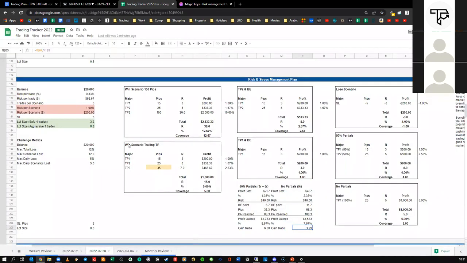So looking at the scenarios, I've not just made the profit that I would have made for 50% partials, but also if I'd cashed out at 5R, I've made more than that, because I've got, what was it? Let's just say 65. So I've already made, oh, it's not worked. It's because it's driven by that, isn't it? So what's that?